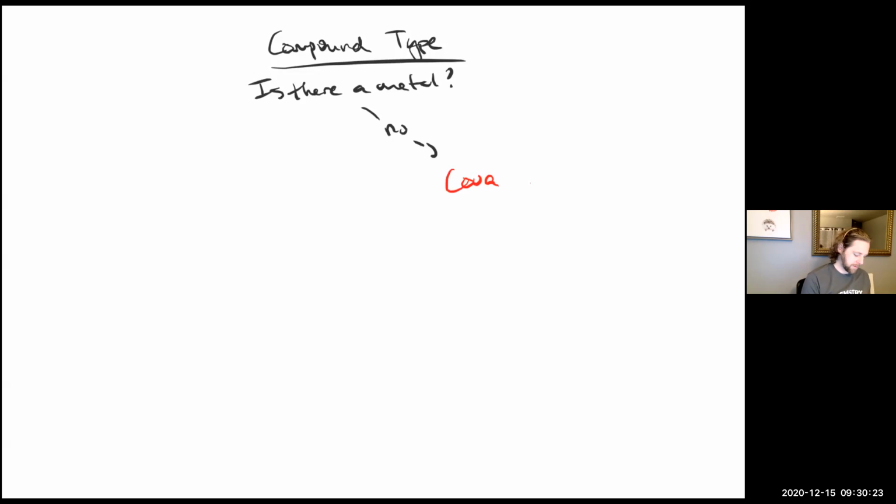The covalent compound is only nonmetals. And when you have only nonmetals, they're not ionizing. You're just sharing electrons.